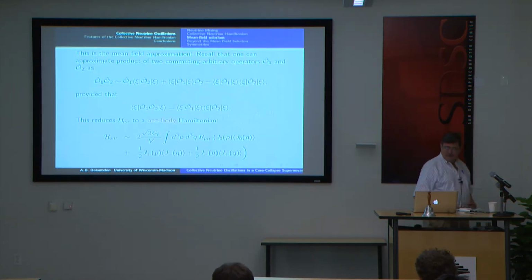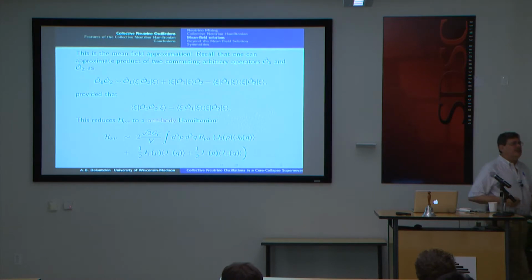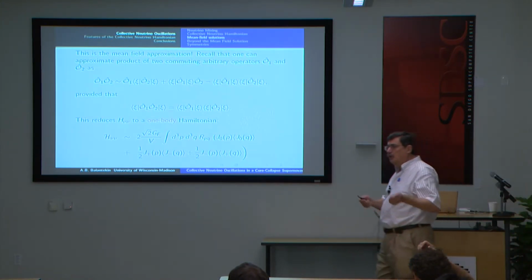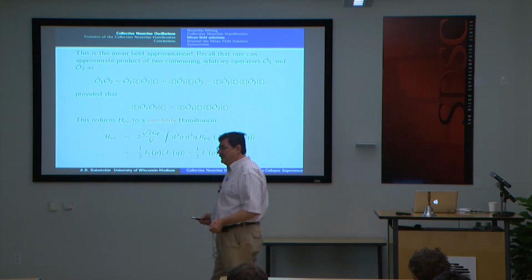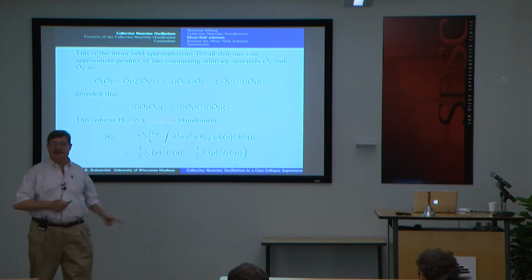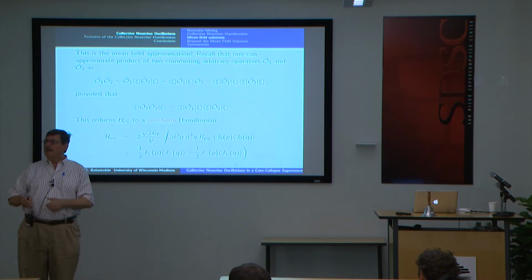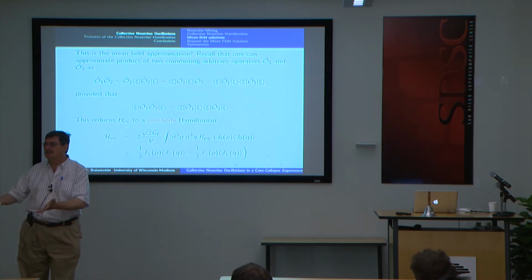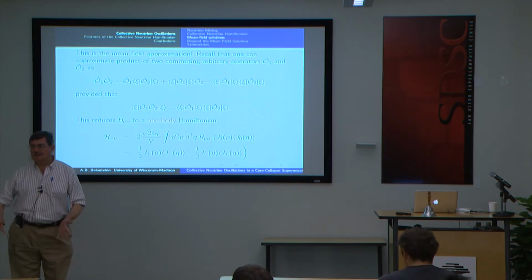So this is another way of introducing the mean field approximation. Basically, the idea is this. You want to solve a Hamiltonian with two-body interactions. Two-body interactions are very hard to deal with. We don't want to deal with them.